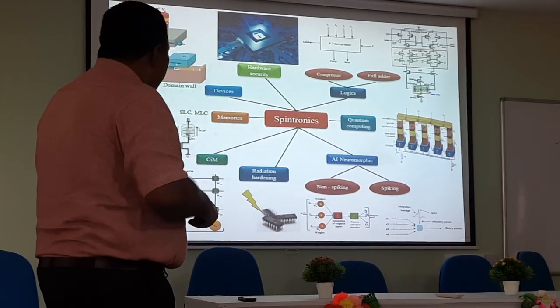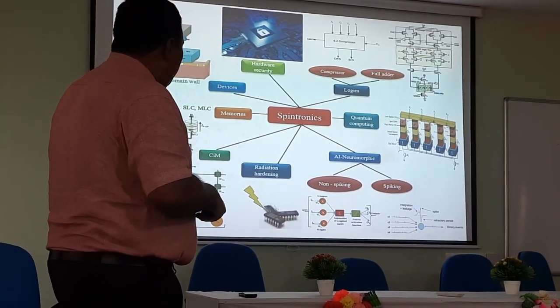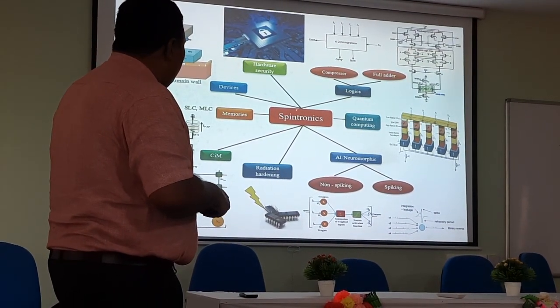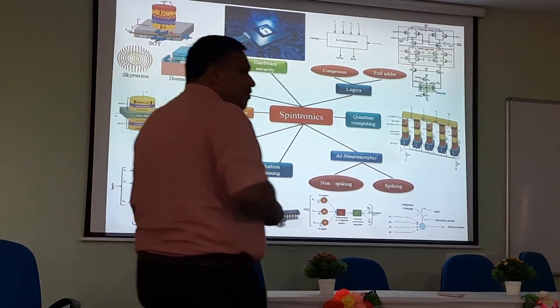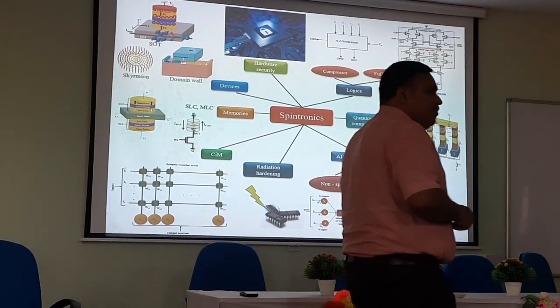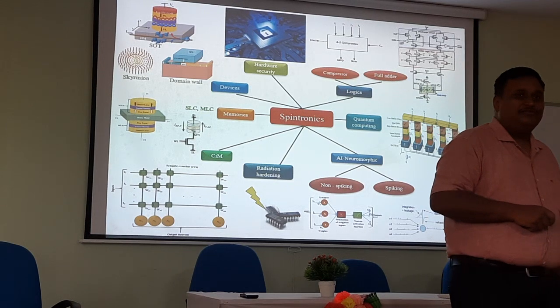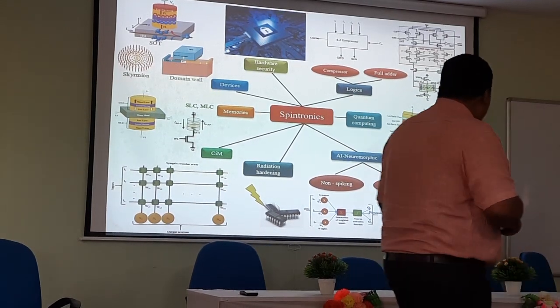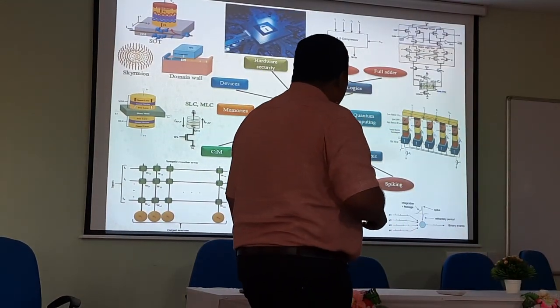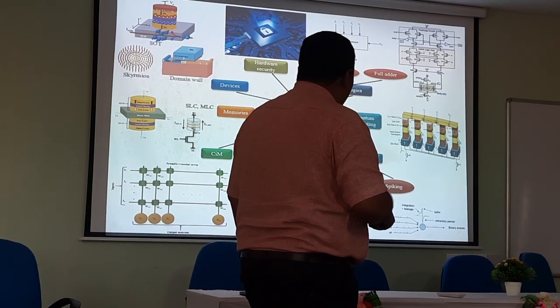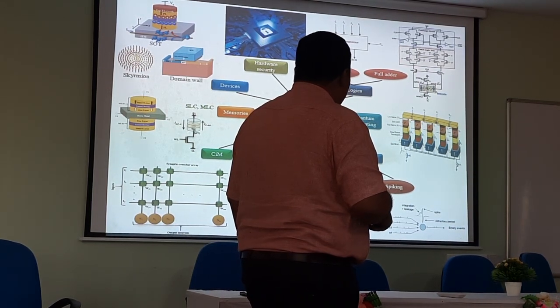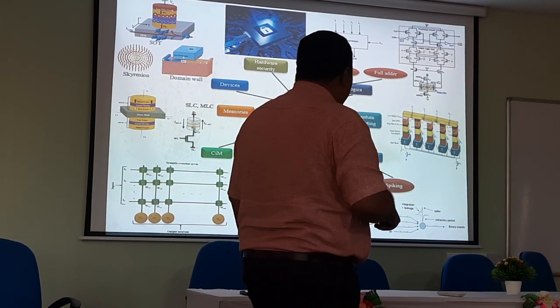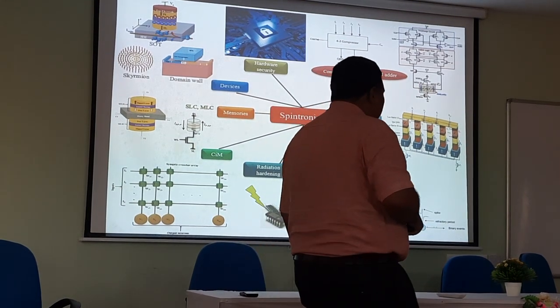So radiation hardening can be taken care of here. Apart from this, the spin devices demonstrate different kinds of functionalities, and that way they can be really useful for AI neuromorphic computing also, where we have been looking into non-spiking and spiking neural networks.